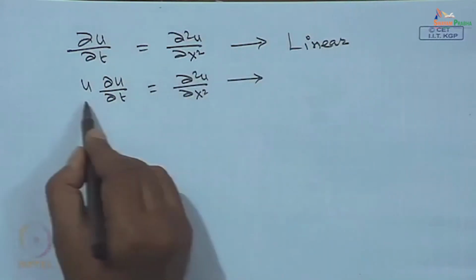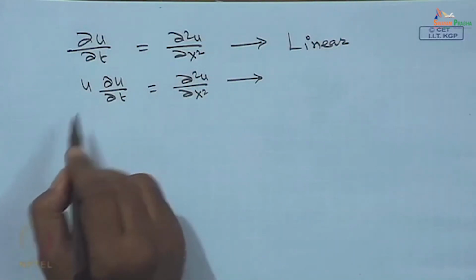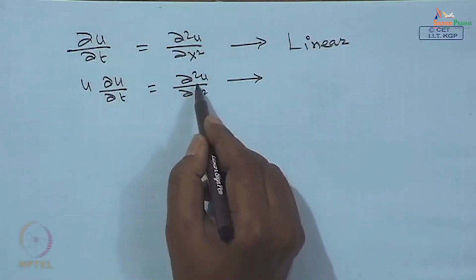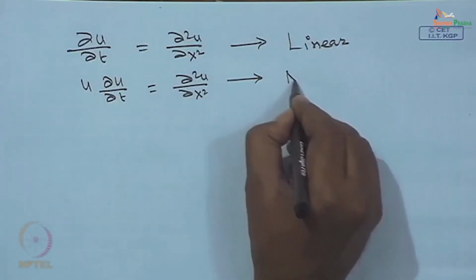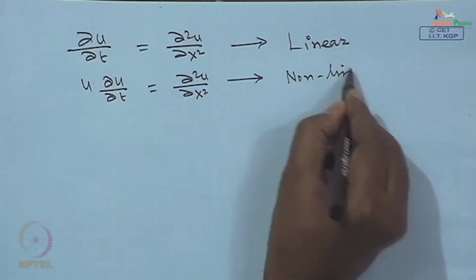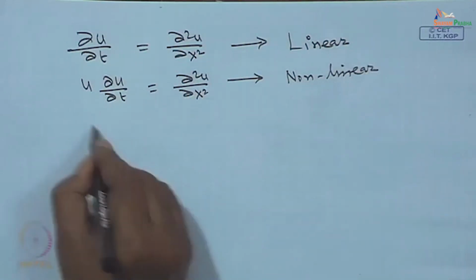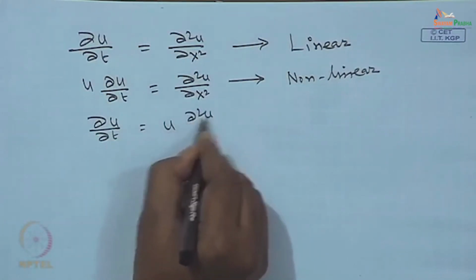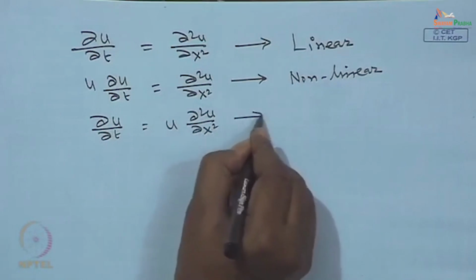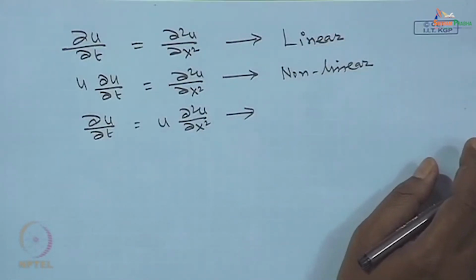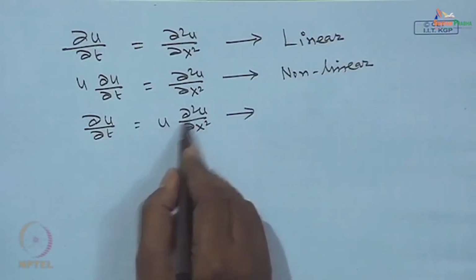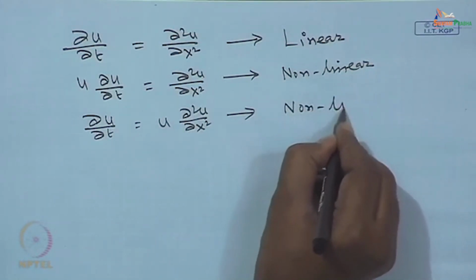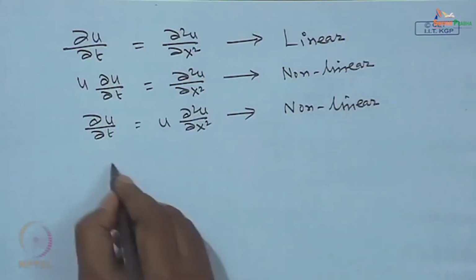Here the product term is present between the dependent variable and a derivative, so this is nonlinear because of the product term. Third one, del u del t is equal to u del square u del x square. Again, this is order 2, but the product term u del square u del x square is present, so again this is nonlinear.